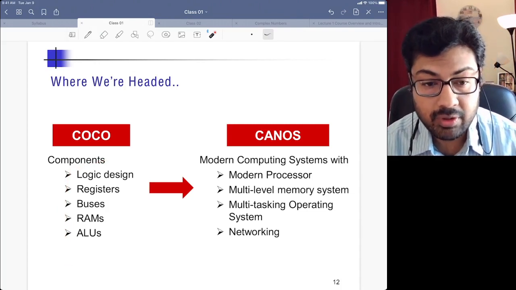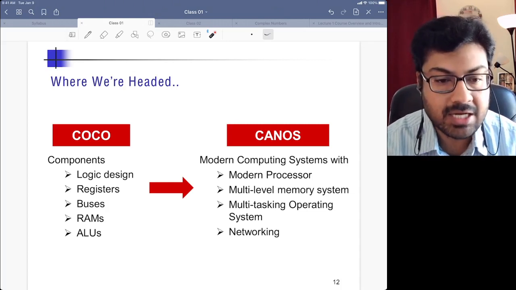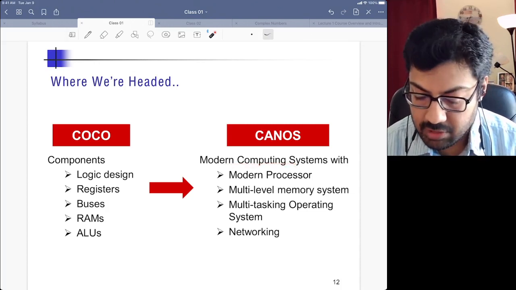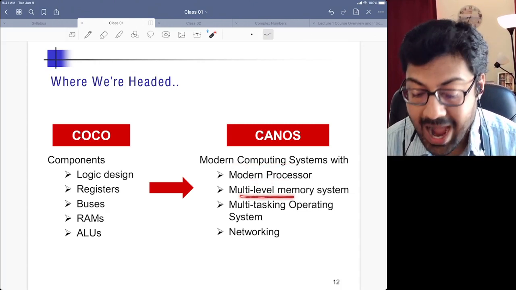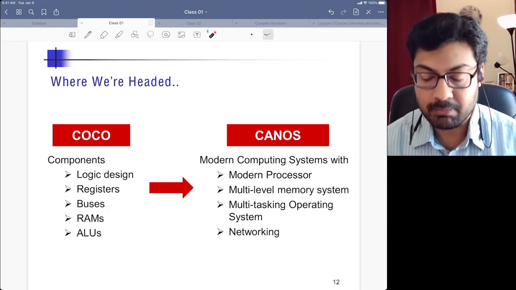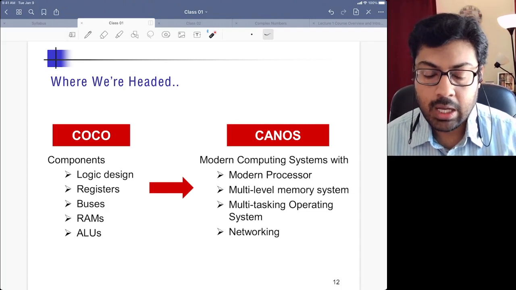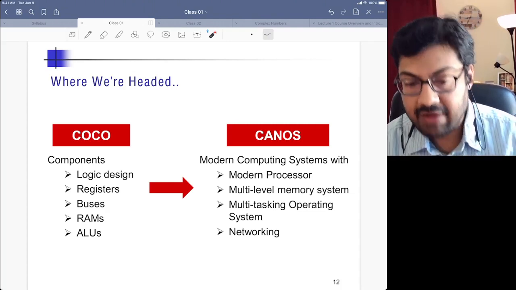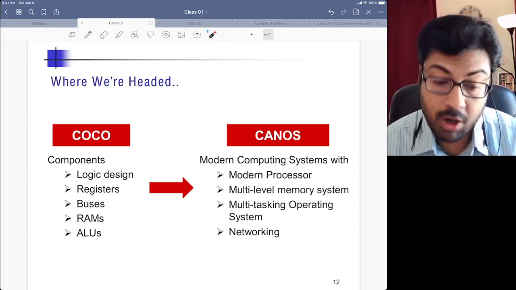Now what we are going to do is take all of that learning and move on to modern computing systems, which involve a modern processor and a hierarchical memory system. We didn't quite spend too much time talking about cache, RAM, and a hard disk. They have different characteristics. For example, cache is small but fast.